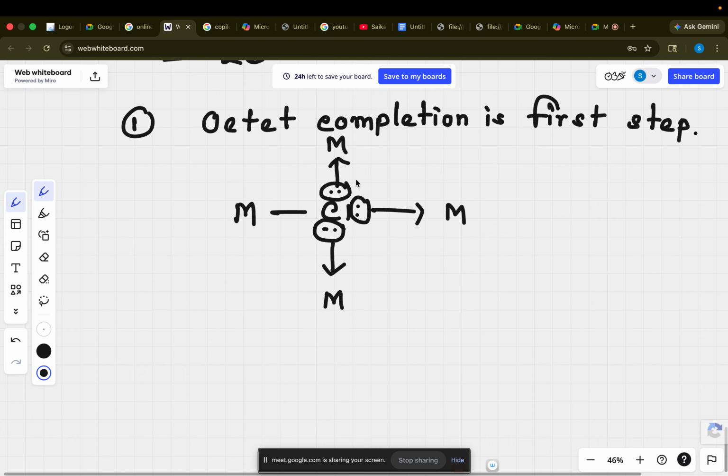So with how many metal centers can it bridge? 3. Total how many metals? 4. So you have to write down like this, mu 4 Cl. And if I talk about the neutral method, how many electrons are involved here?